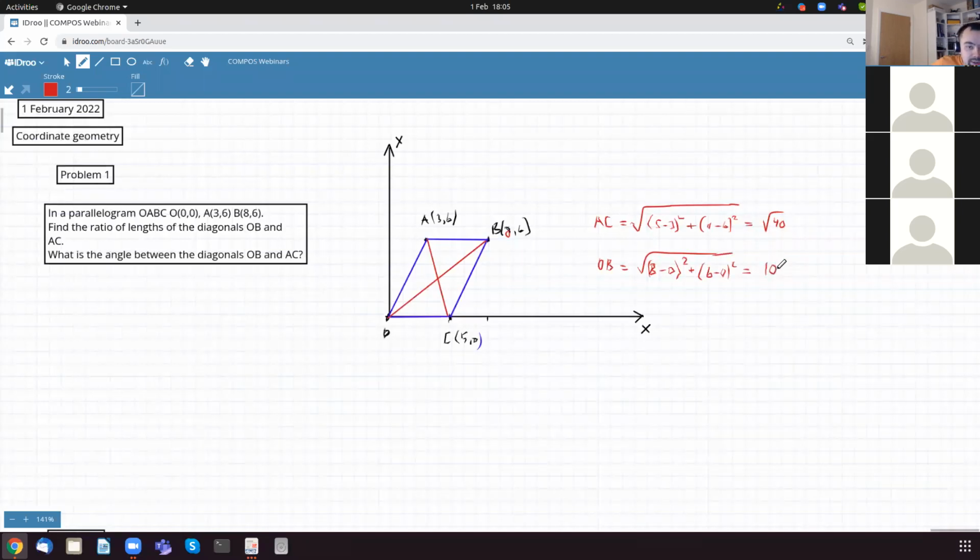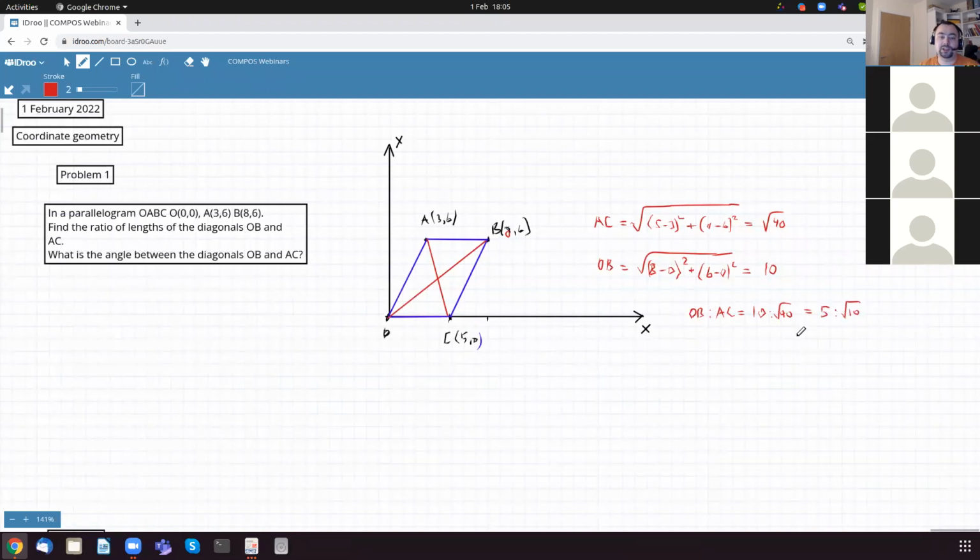And the ratio of the lengths of OB to AC would be 10 to the square root of 40. Well, you can simplify that as 5 to the square root of 10.